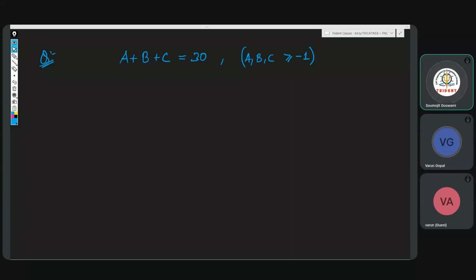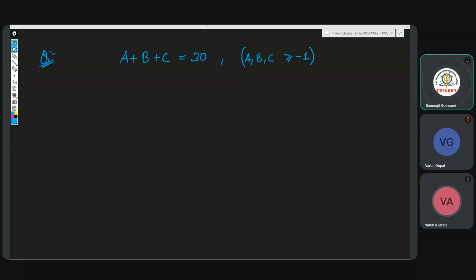They're asking for greater than or equal to -1. So let's start with -1. If they say that there is a condition a, b, c greater than or equal to -1, the number has to be greater than or equal to -1. That much I know, right?